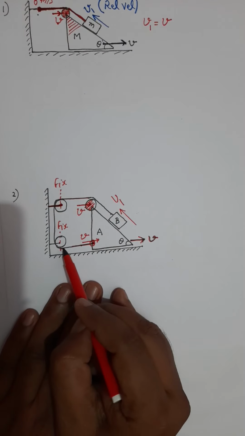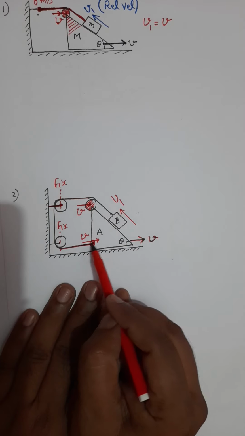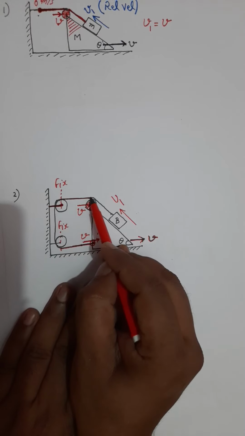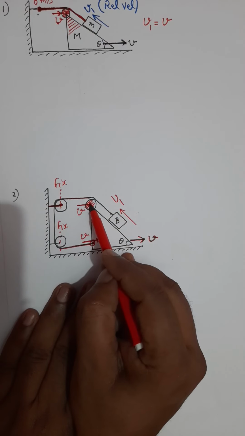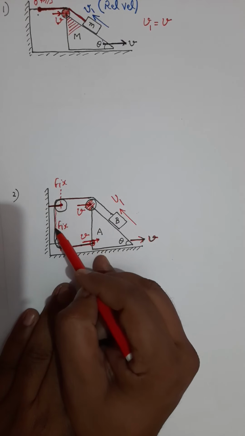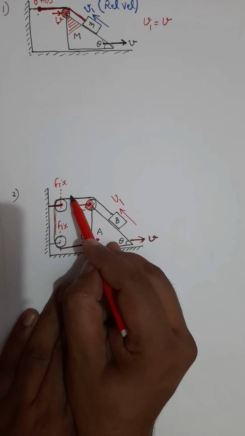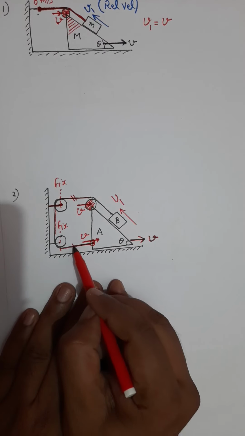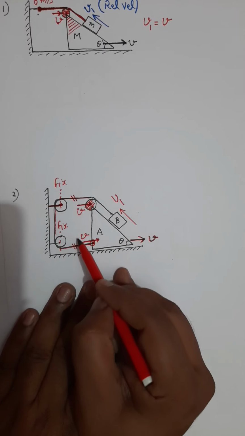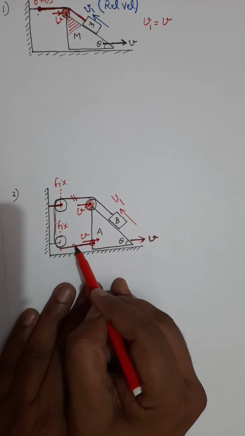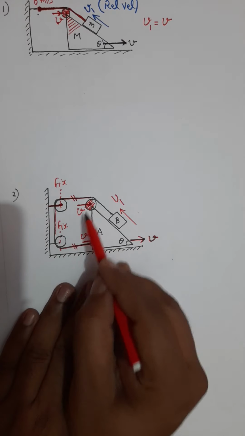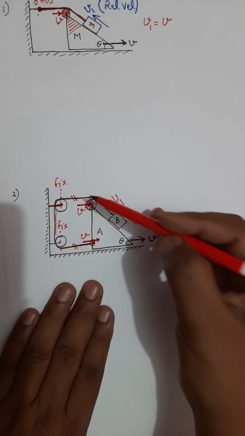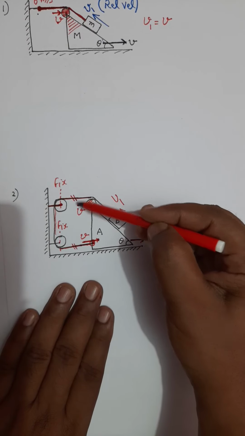So this part of string will increase because of this velocity V, and this portion of string will also increase because of the velocity V, and this portion of string is constant. So we have two portions, this upper part of a string and this lower part of a string. These two parts of string will increase in length because of their velocities V and V. So there is an increase in two segments.